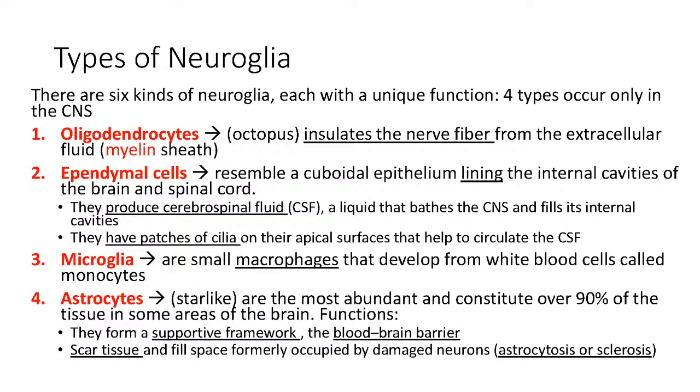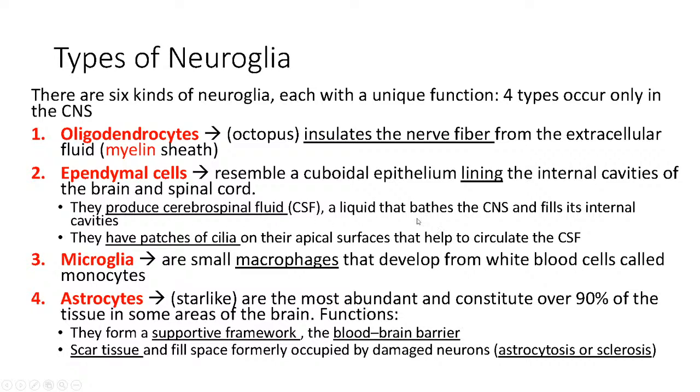So the types of neuroglia, we covered this in the picture before. If you want to, you can pause it right here and go ahead and read all this. But the four types found in the central nervous system are the oligodendrocytes that produce that myelin sheath, the ependymal cells, which produce the cerebrospinal fluid. They also have cilia on the apical surface that help circulate it.